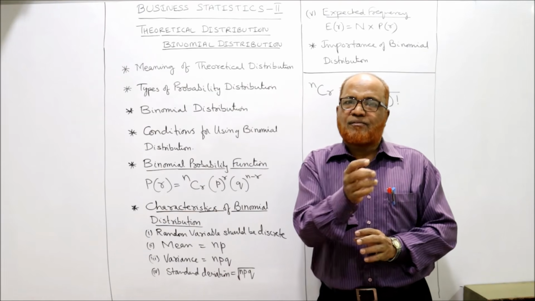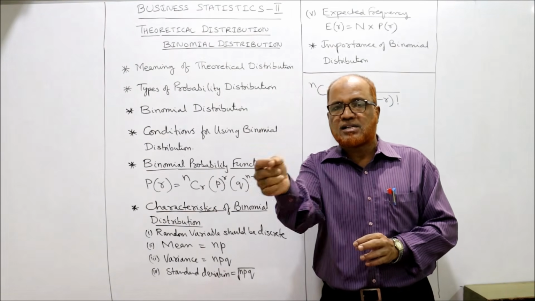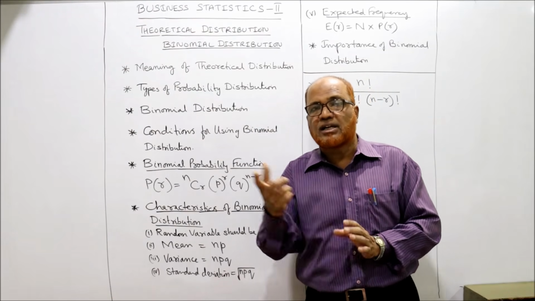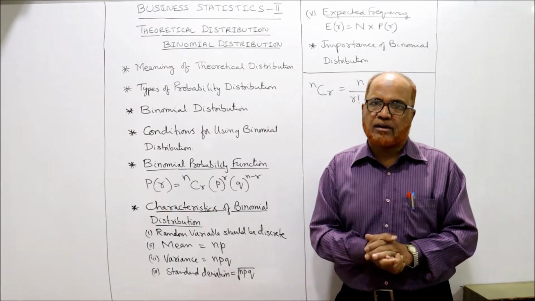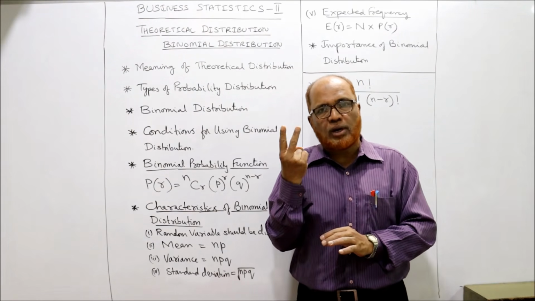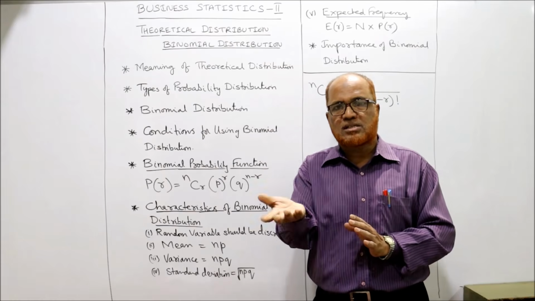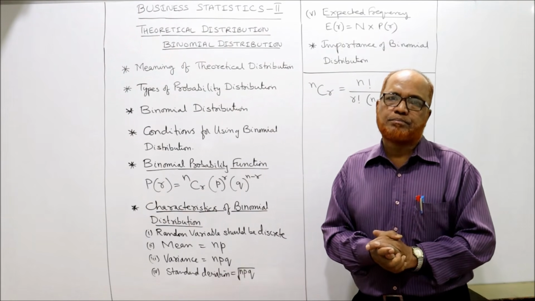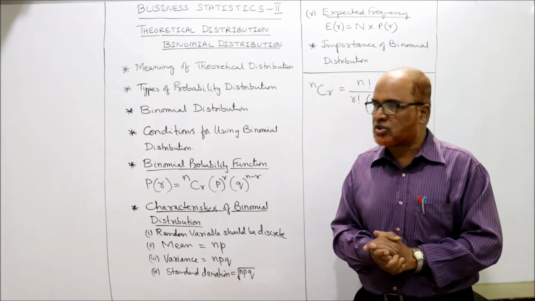That means the first trial does not affect the result of the second trial. The result of the second trial should not affect the third trial. Every trial will be independent, fixed number. And every experiment should produce only two results, success or failure. Then only we can apply binomial distribution, Bernoulli process.